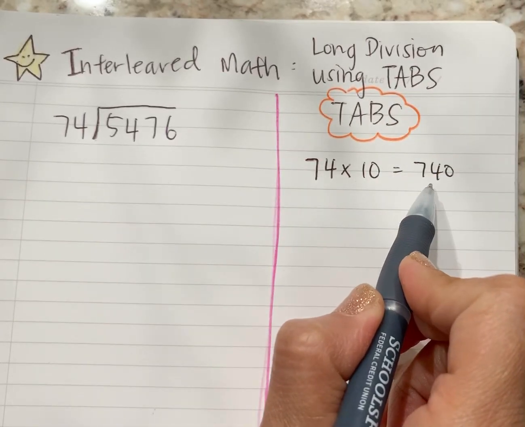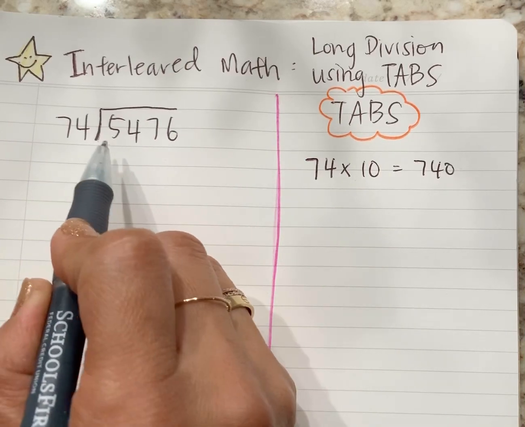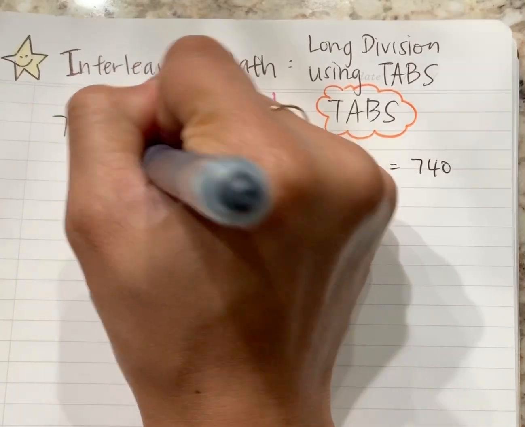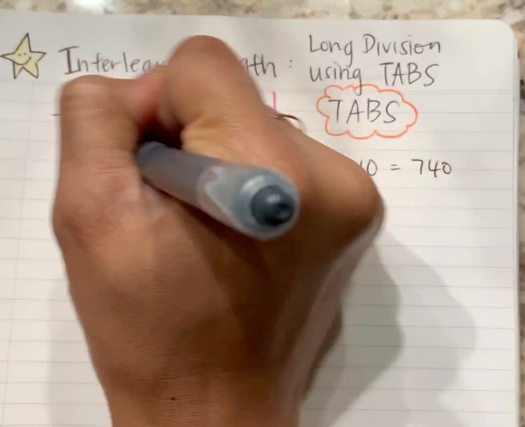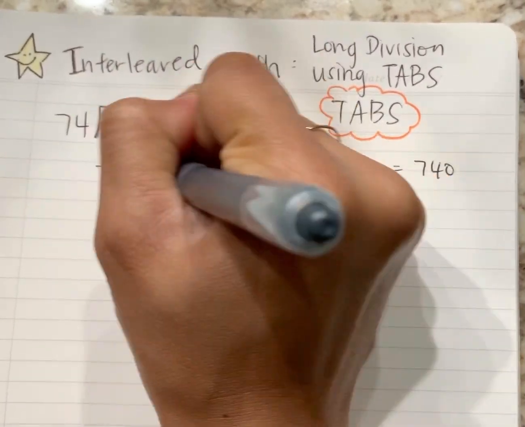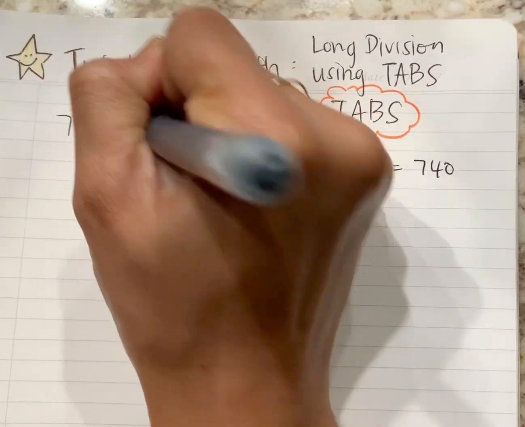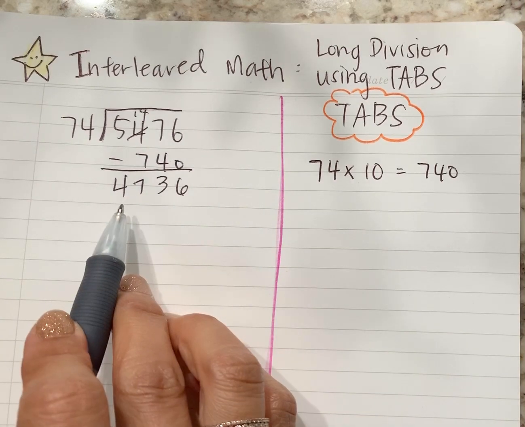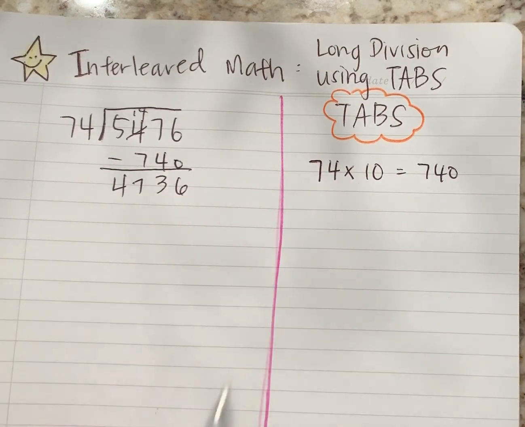I'm going to subtract 740 from this entire number. We have 6, 3, 7, 4. Now we have a new dividend. We're going to continue using the 74.